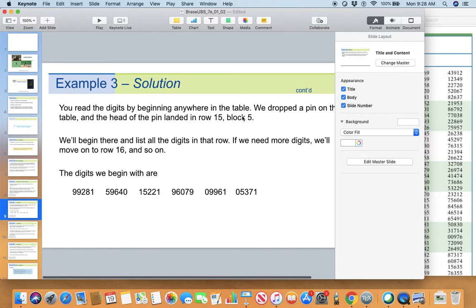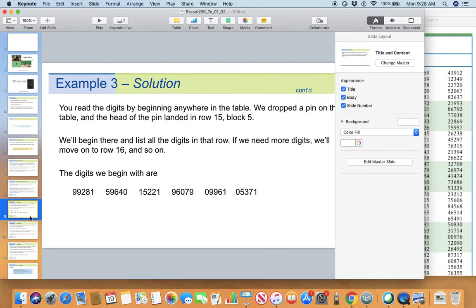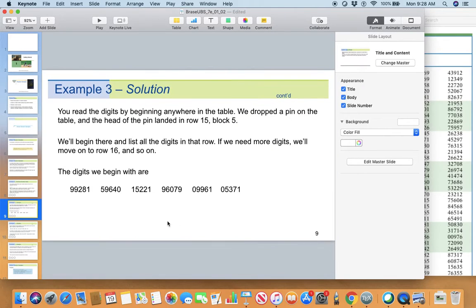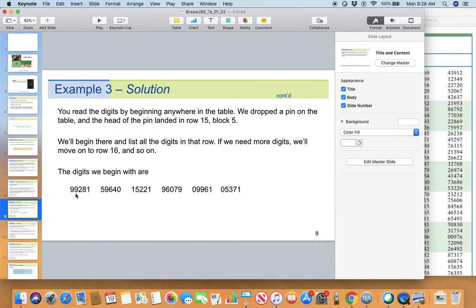Now, what are we going to look for? We want 30 cars. All right. So if I'm starting on 30 cars, these are the digits you have. Since the highest number assigned to a car is 500, remember our cars were numbered 1 to 500. So that's a 3-digit number. Okay. So because it is a 3-digit number, you take this line and break it into 3 digits, you see, like that.